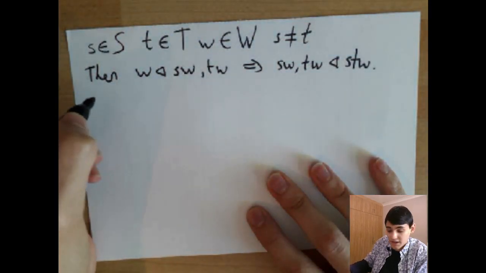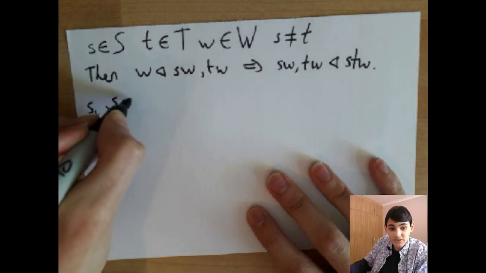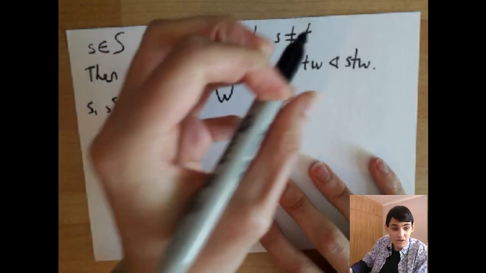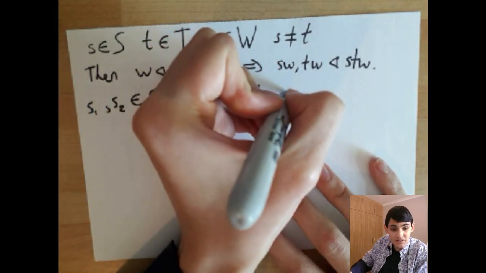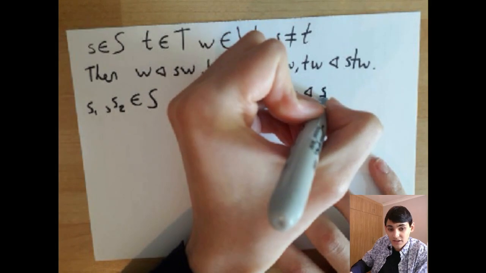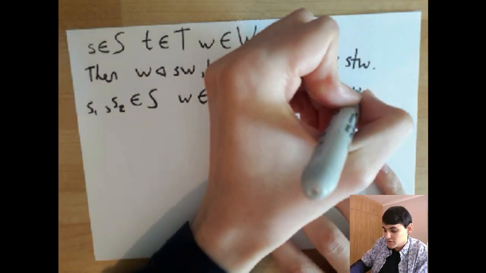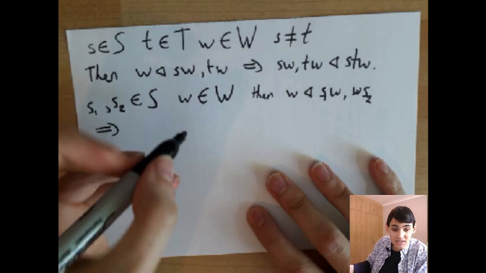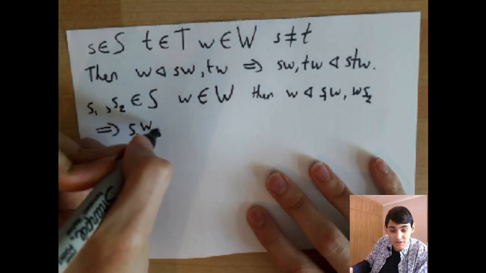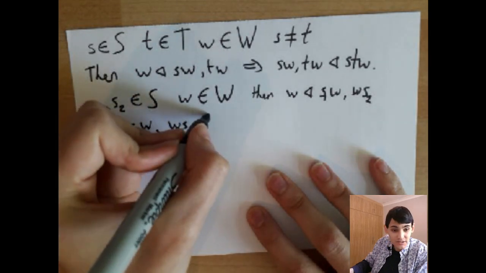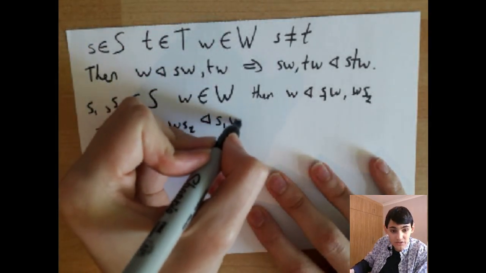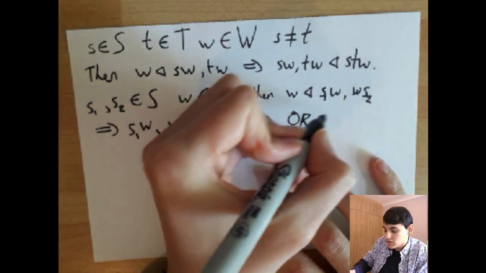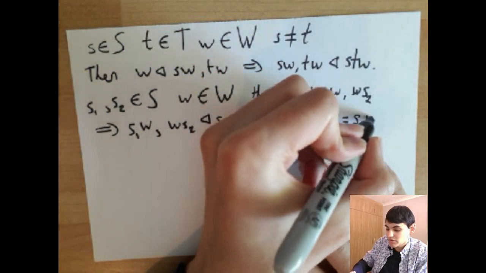And we also have, if you've got S1 and S2 in S and W in W, then W covered by S1W and WS2 implies S1W and WS2 are covered by S1WS2, or W equals S1WS2.